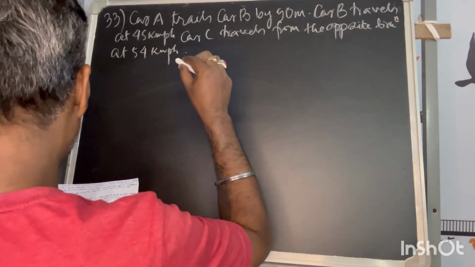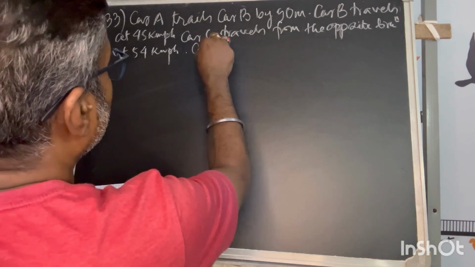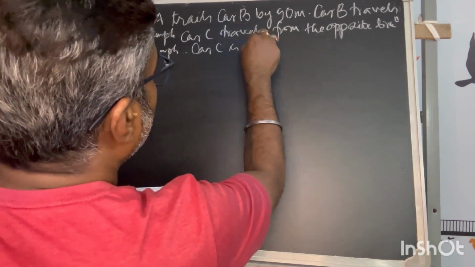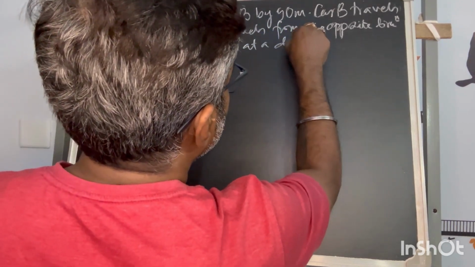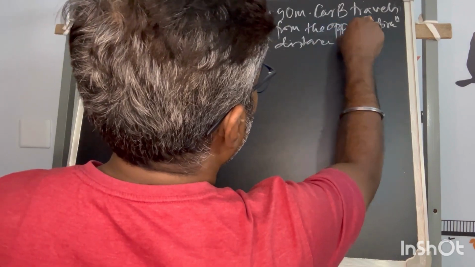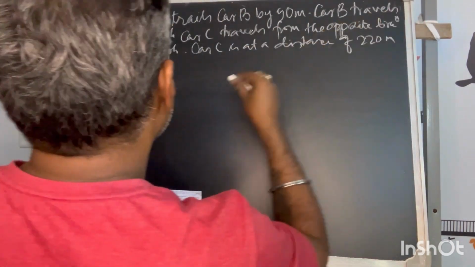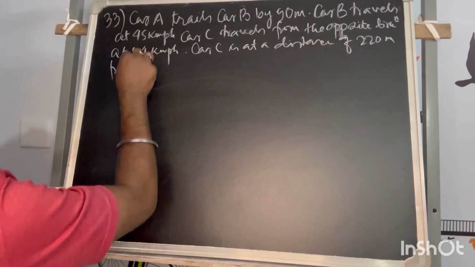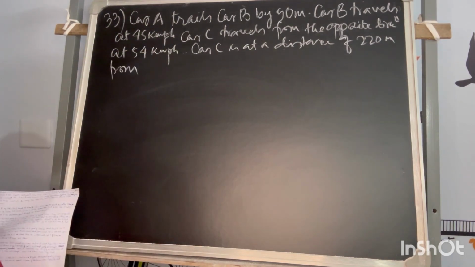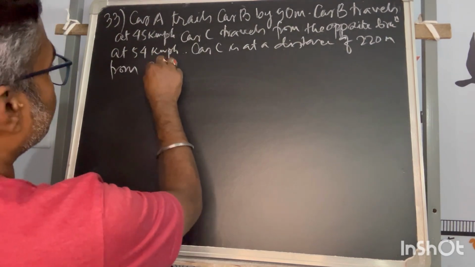Fine. Car C is at a distance of 220 meter from car B.